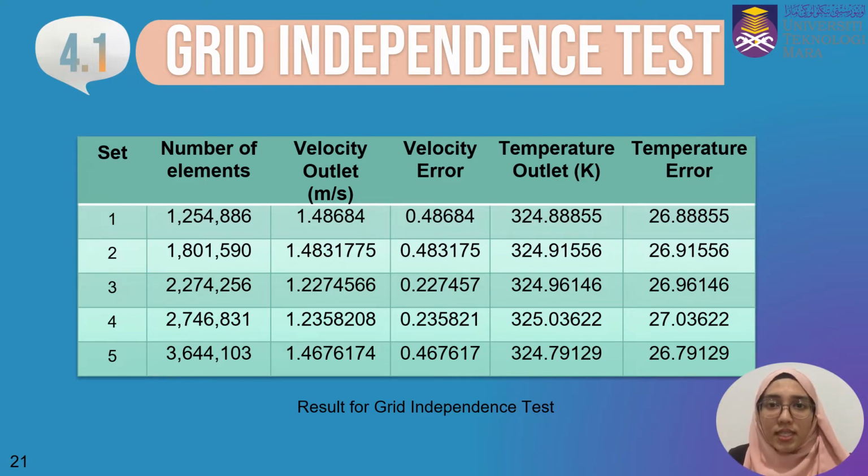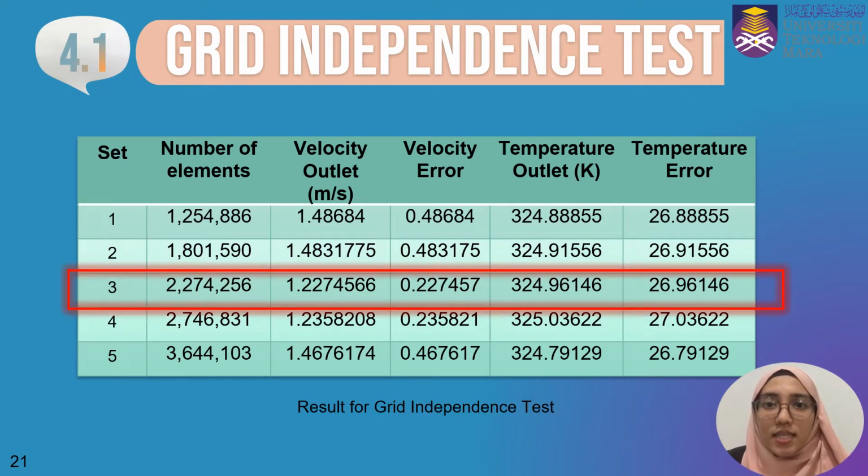As you can see, the table shows the result from the grid independent test for 5 different numbers of elements. From these 5 simulation sets, the third set of elements has the smallest error of velocity compared to other sets of elements.